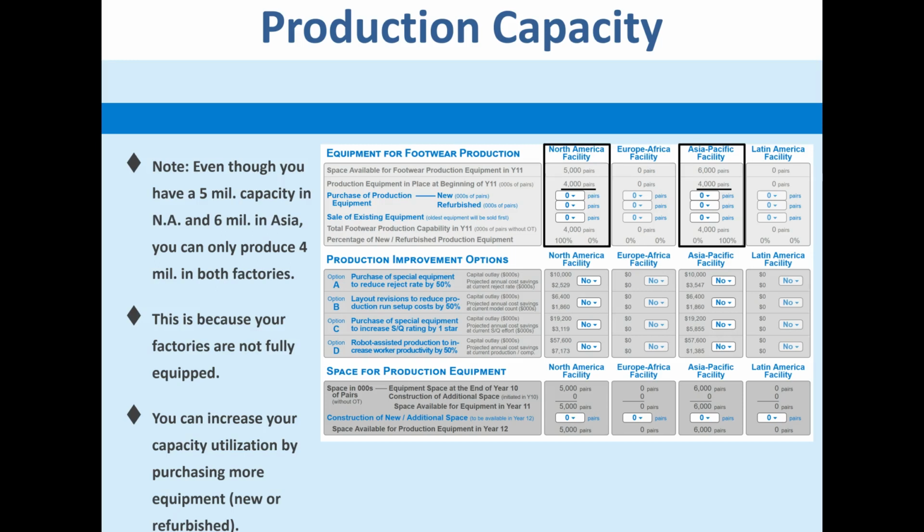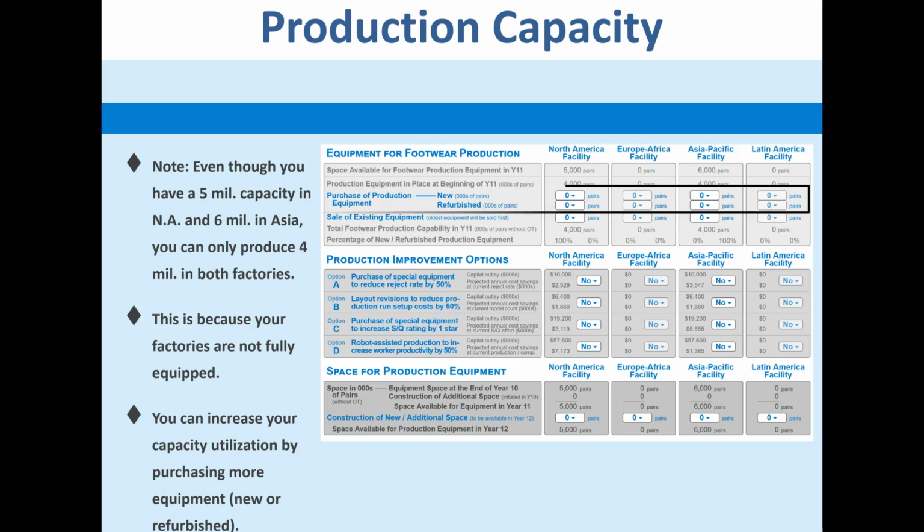Now, you're going to have to make the decision: do I purchase new equipment to get up to 5 million in North America, or refurbished equipment? Refurbished is basically used equipment. The same thing goes with Asia. New or refurbished is going to get you up to 6 million. Now, it is possible to go beyond 5 million in capacity in North America and 6 million in Asia, but then you would have to expand your factory, and we'll have more on that later.